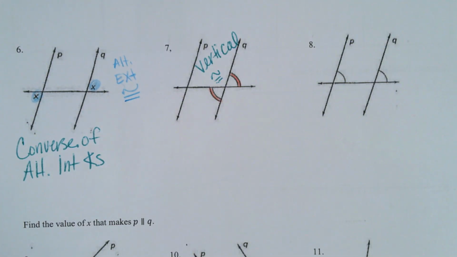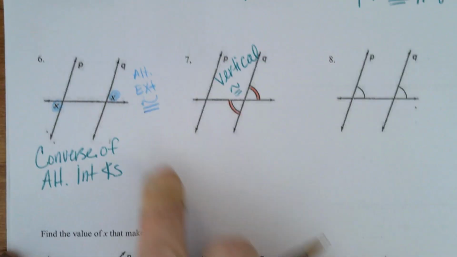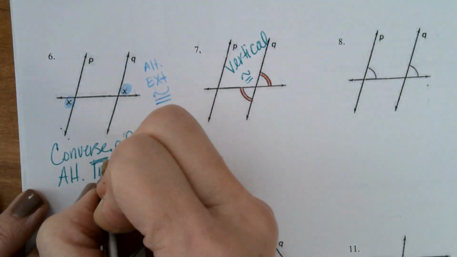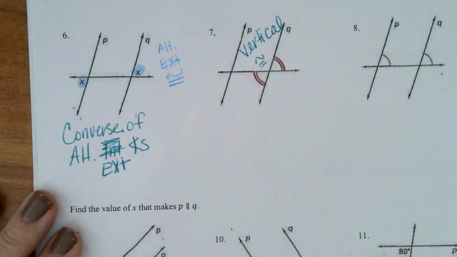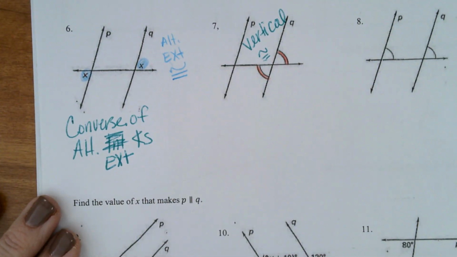Okay. So, why was number 6 the converse of alternate interior angles? Oh, because I wrote it wrong. Okay. I like it. Wow. Thank you. I need more coffee.